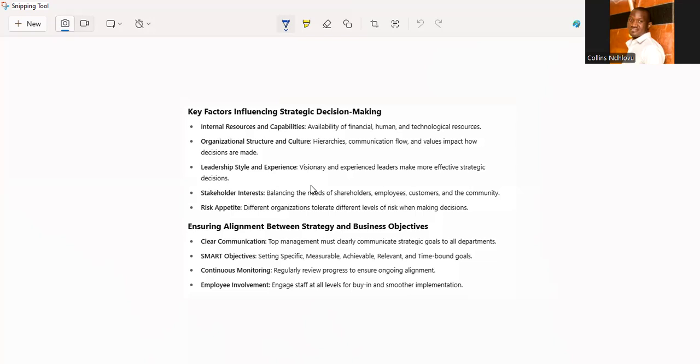You need to have clear communication top to down. You need to have smart objectives, like I mentioned earlier, continuous monitoring and employee involvement, depending on the type of leadership that you have, where you include employees at all stages. Okay. So strategic decision making is important in organizations.